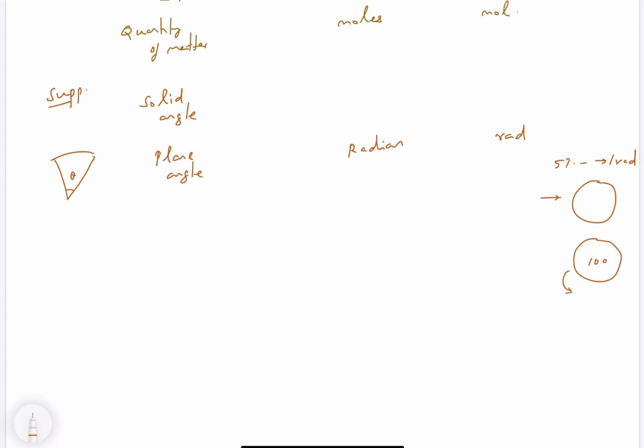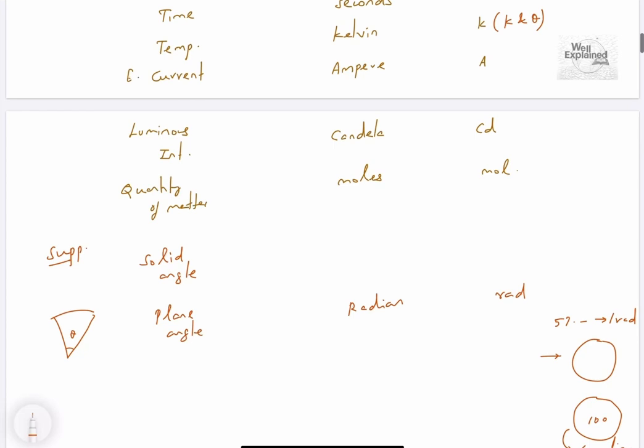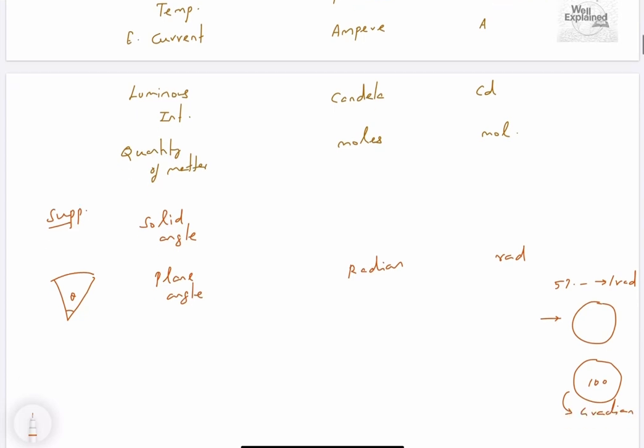This is for the gradient system, right? What about solid angle? The unit is steradian. It's like radian, but with the S of solid, and sr is the short form.